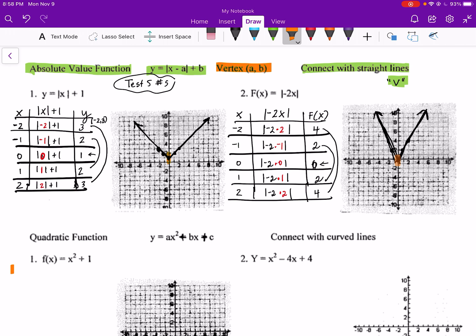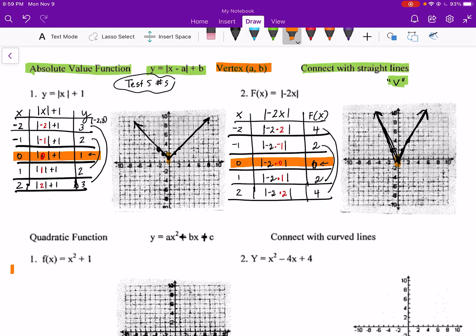And then same thing here, this is the vertex. So this vertex right here is located at 0, 1. That center part is the vertex. And here, this center part here, 0, 0, is the vertex.